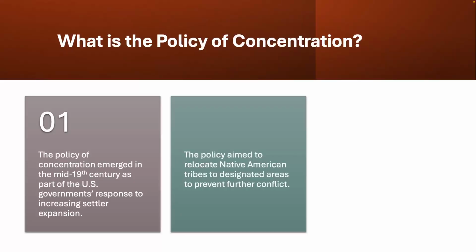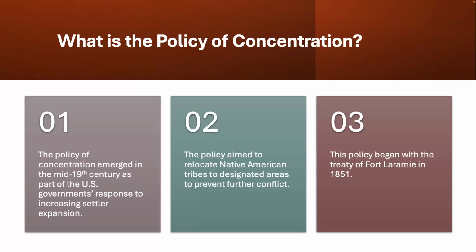Ultimately, as the US policy begins to shift towards this idea of Westward Manifest Destiny, the policy aims to relocate Native American tribes to designated areas that would prevent further conflict between the settlers and the indigenous groups.